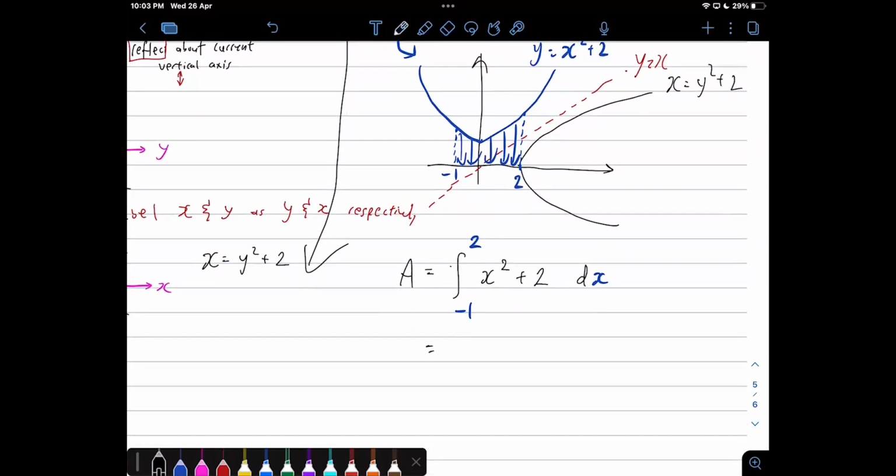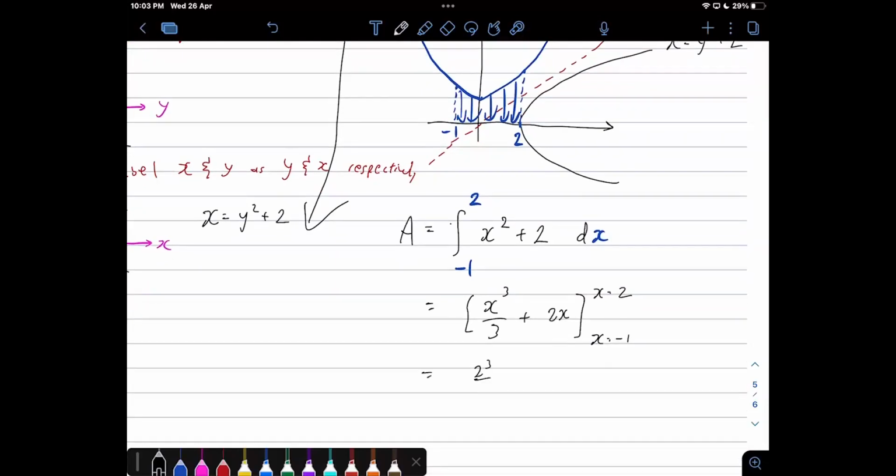Okay, so now let's see what it is. You get x cubed over 3 plus 2x, bracket, x equals -1, x equals 2. Sub in, you get 2 cubed over 3 plus 2 times 2, bracket, minus away, -1 to the power 3 over 3 plus 2 times -1.